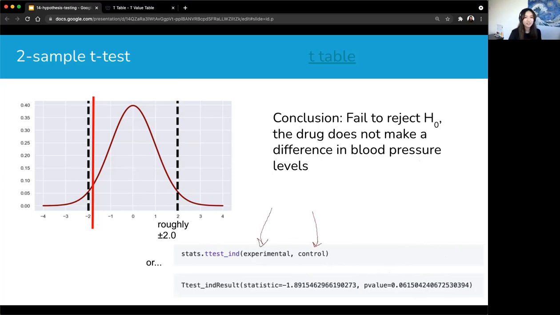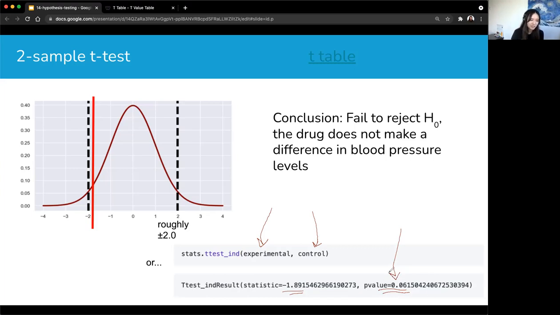Experimental and control are each a list of numbers. With these two lists of numbers, in this one line, it tells you what your t-statistic is. And even better, it tells you what your p-value is. You can see here that the p-value is 0.06, which is saying that there's a 6% chance that the observed difference was completely by random.